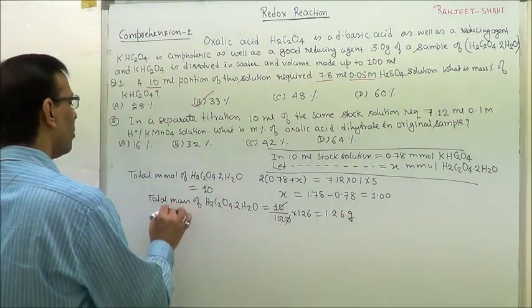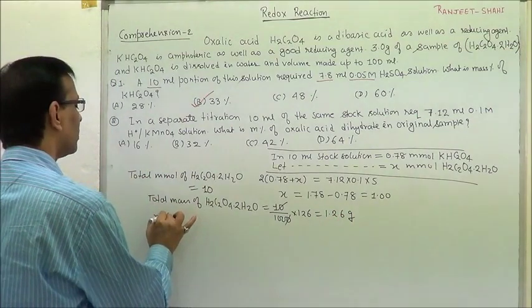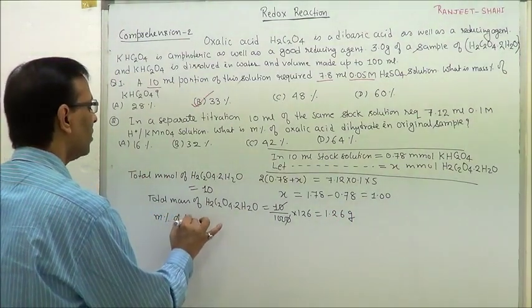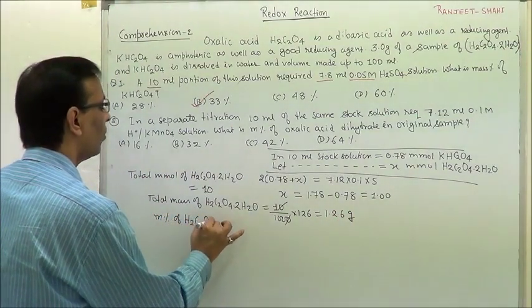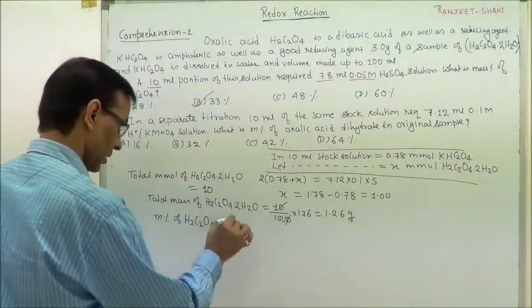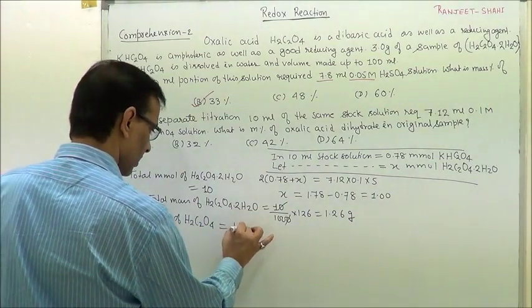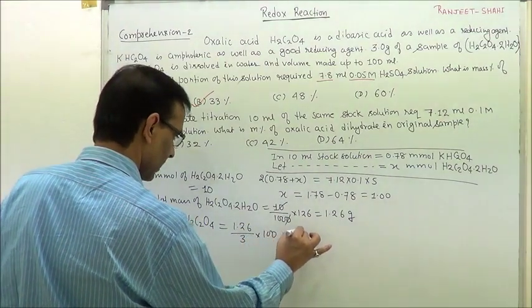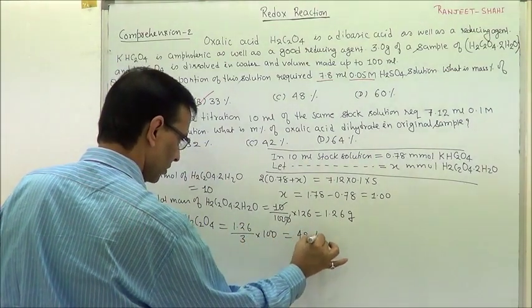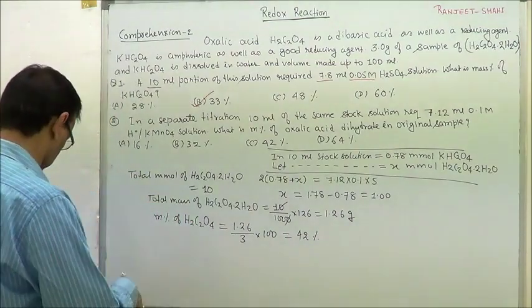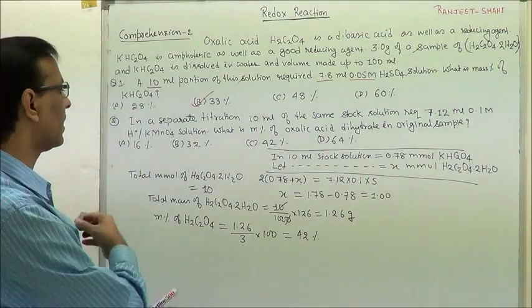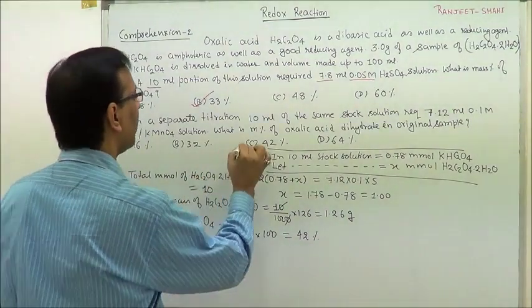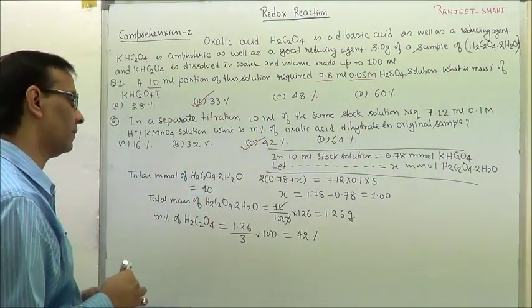If we convert it into mass percentage, the mass percentage of H2C2O4 will be 1.26 divided by 3 into 100. We calculate, it comes out to be 42. So the answer for this second part is 42%.